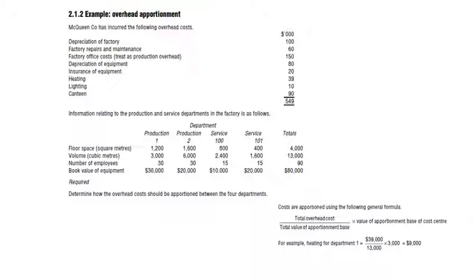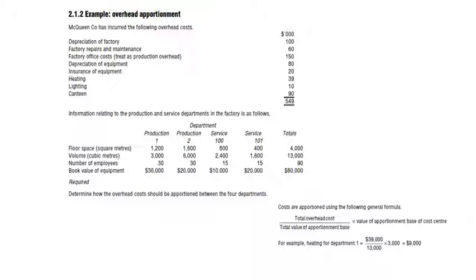This is additional information. For example, in this factory, department 1 occupies a floor area of 1200, production department 2 1600, service department 100 square meters, service department 2 400, and in total it has 4000 square meters for the whole factory.